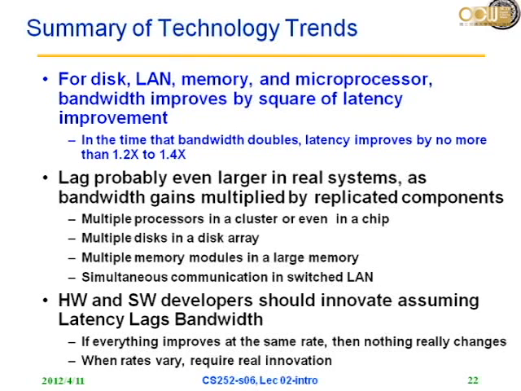If everything improves at the same rate, then nothing really changes. If everything remains at the same improvement rate, then system design would not be challenging at all. You just use the same system design from your old conventional wisdom. When rates vary, then the new system design will require real innovation.